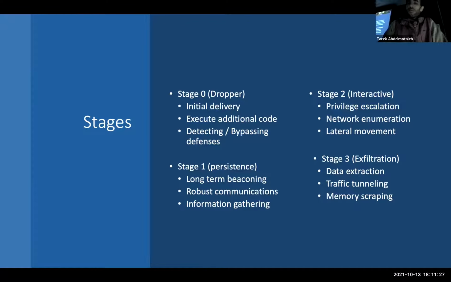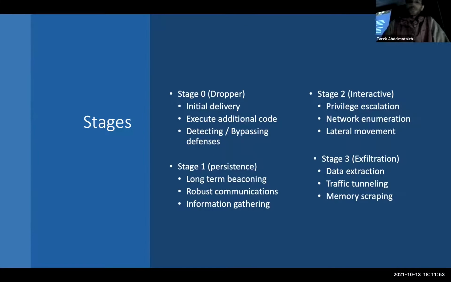Of course, the one that's very important here is the persistence, because if you care more about the interactive or exfiltration before the persistence, then if something happens in your code in stage 2 or stage 3, your stage 1 is not going to be executed. And if something happened on the target, like the victim computer, maybe his computer rebooted for any reason, then you basically lost your target.